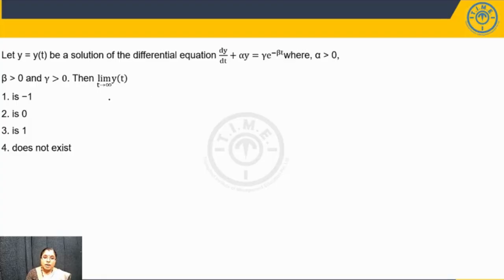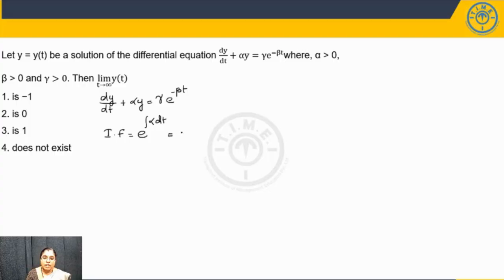So here we have dy by dt plus alpha y equal to gamma e raised to minus beta t. So instead of p we have alpha. So integrating factor is e raised to integral alpha dt.